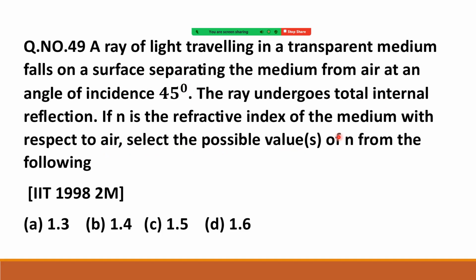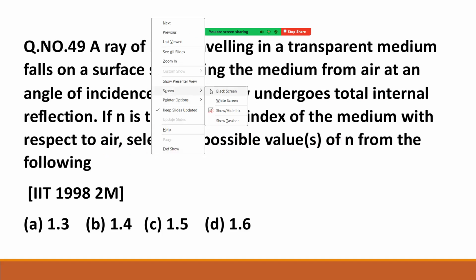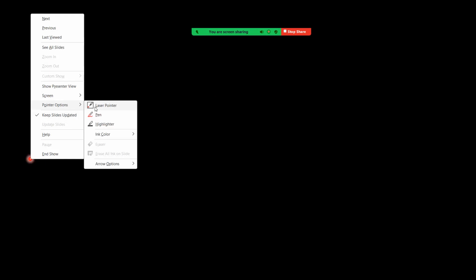So we have to choose possible values of n, and see carefully, n is refractive index of the medium with respect to air, and we are taking for air refractive index is 1. Therefore, see carefully here, traveling from denser to rarer medium, denser and rarer.